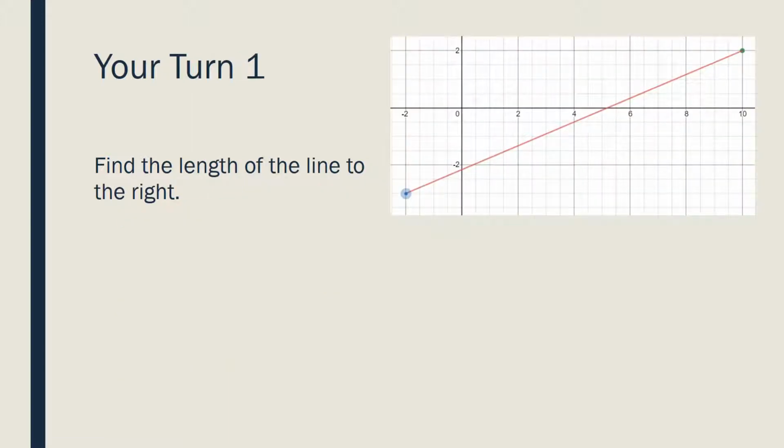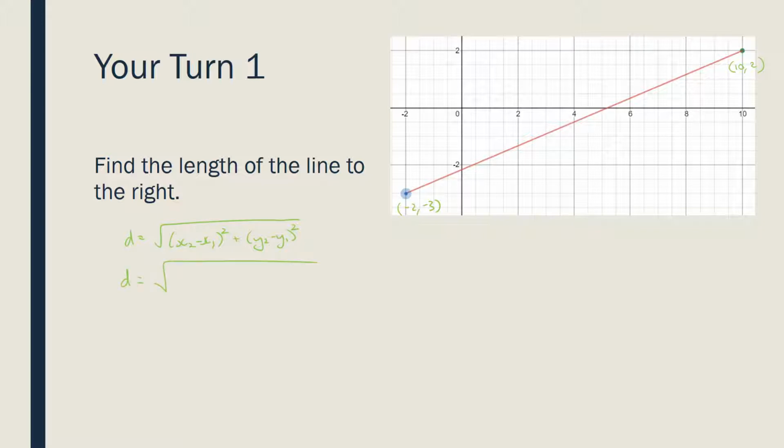Okay, now it's your turn. Find the distance or the length of this line. Okay, we're going to again use the formula. Both of these are squared, and we have our points -2, -3, and 10, 2. So now we're going to put those into the formula.